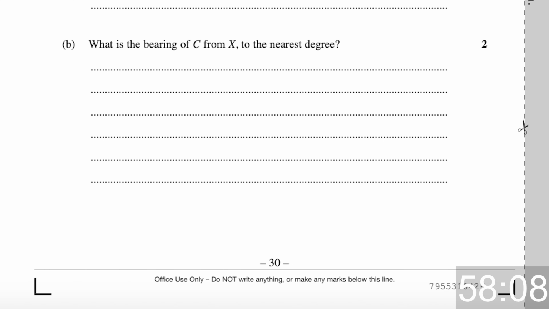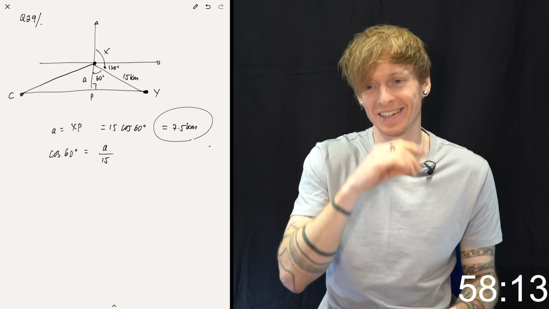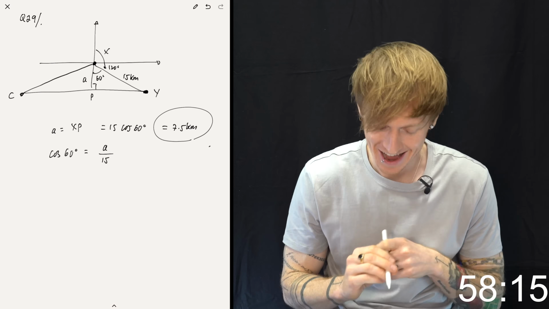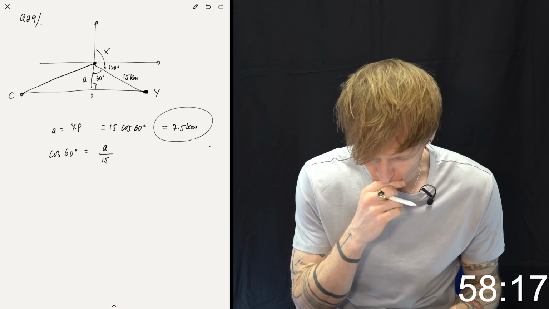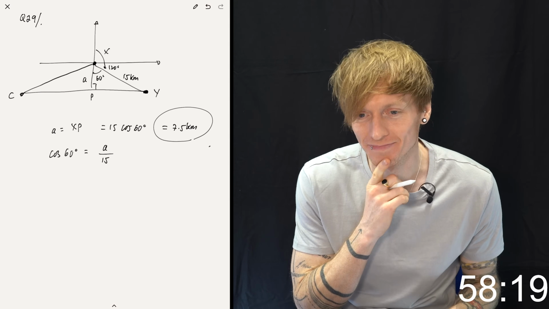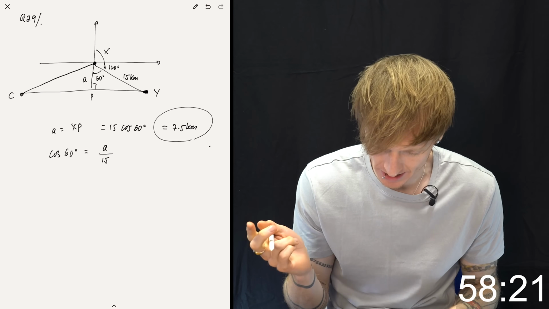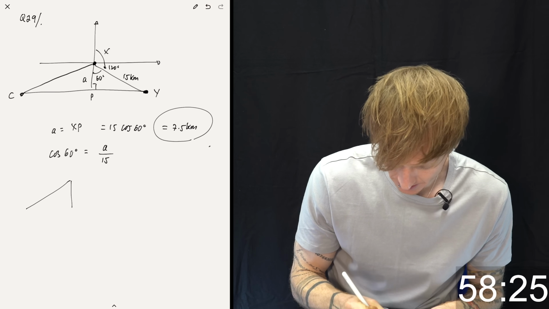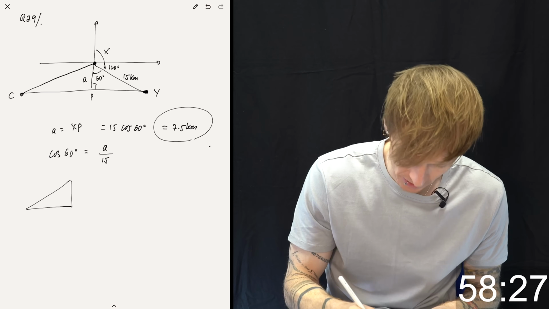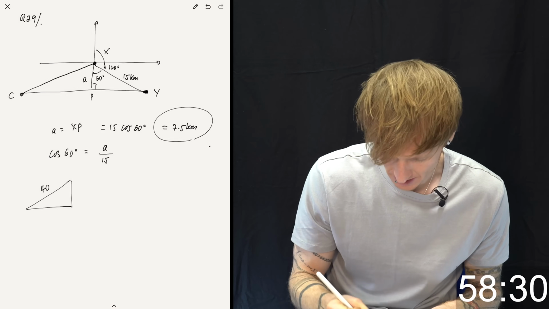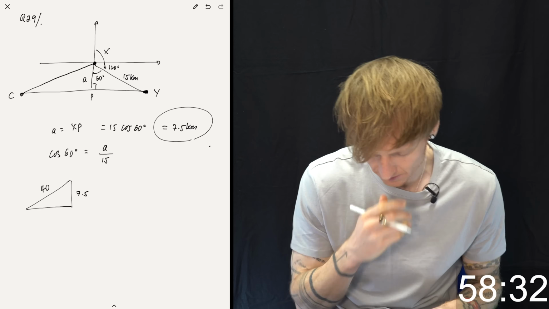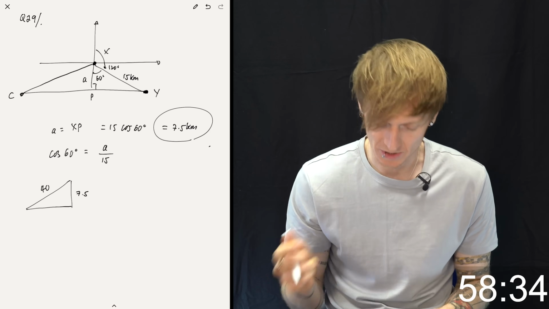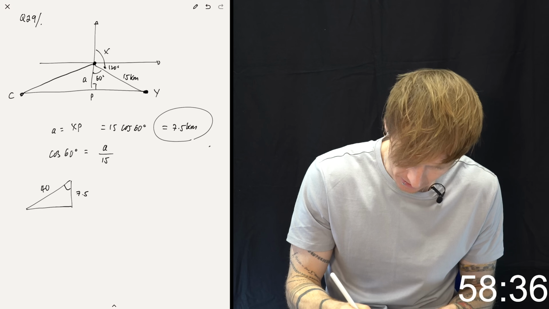What is the bearing of C from X to the nearest degree? Interesting. So what do I know? I have a triangle with some values. We know this is 40 and this is 7.5. So I can figure out theta from here.